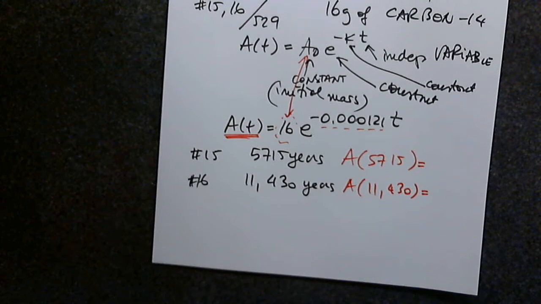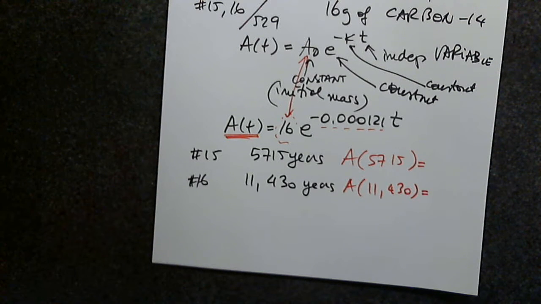So let's put this in the graphing calculator, please. I don't want to repeat the calculations, although it's fine. I highly recommend putting the function in: y equals 16 e to the, in parentheses, negative 0.00121x, close the parenthesis.